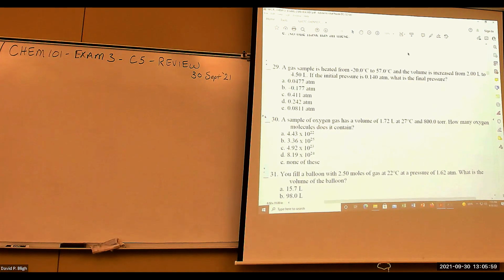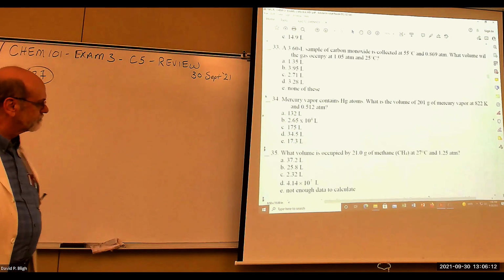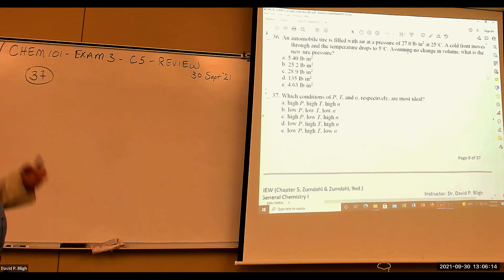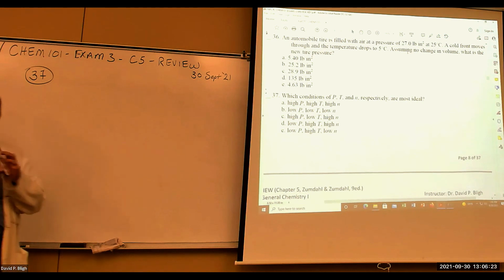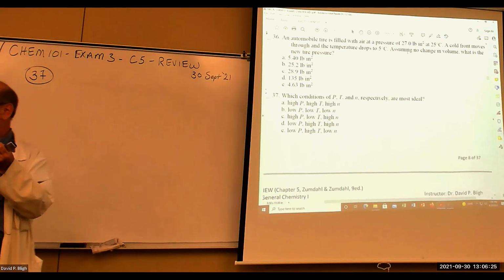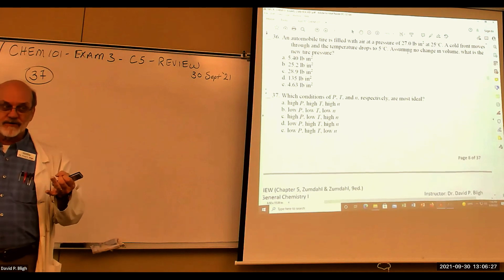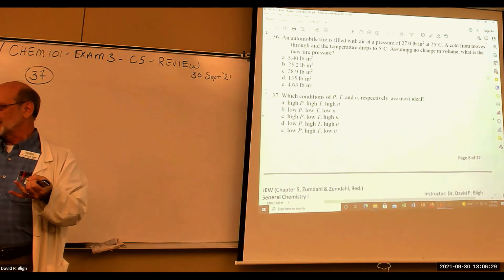All right, that was 30. Yes, let's go to 37. Here we go. Which conditions of pressure, temperature, and moles are most ideal? Now, when I was introducing this material, I mentioned pressure, correct? I mentioned temperature. I didn't say anything about moles.